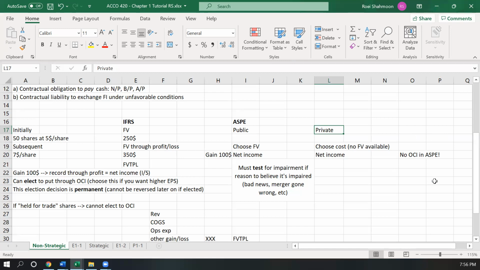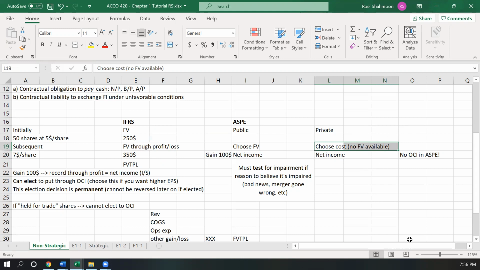So the thing is, for fair value through profit or loss, we have to do some sort of revaluation at the end of every year. And the same thing for fair value through OCI. So the trick here is we cannot use these methods. We don't have the fair value, no fair value available.